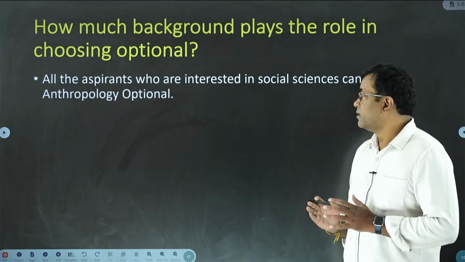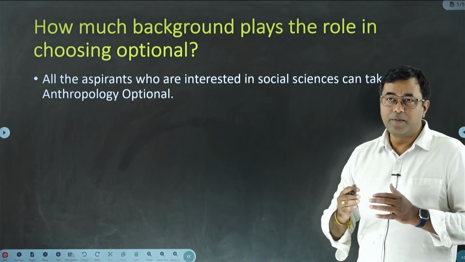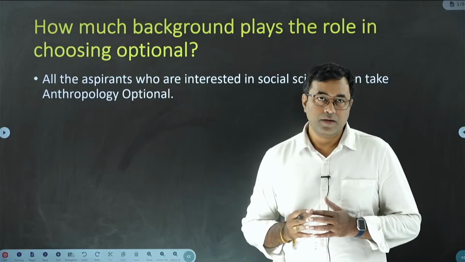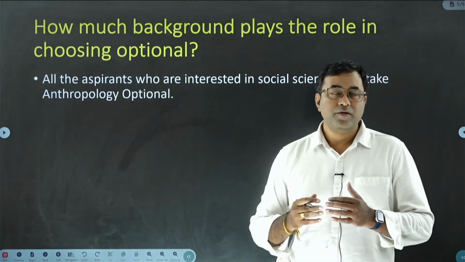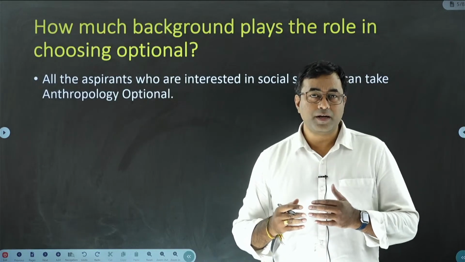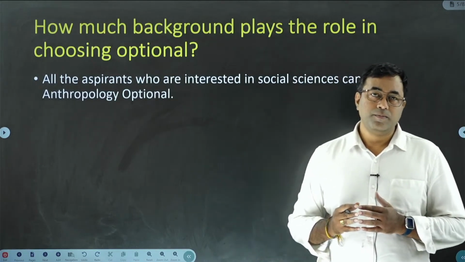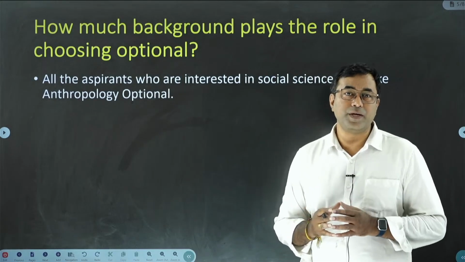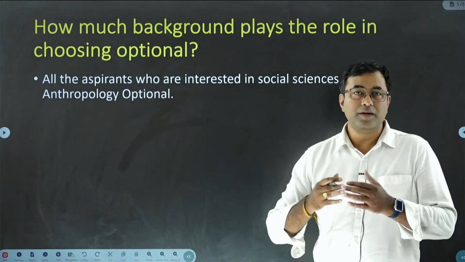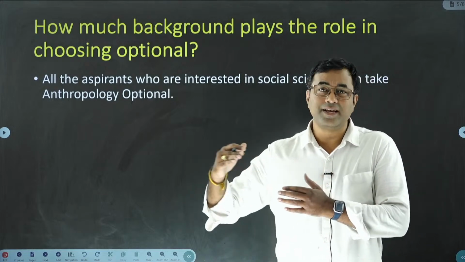Next, every aspirant has one doubt: whether we can perform in the social sciences or not, particularly engineering students and students from other backgrounds, whether they can opt for this anthropology optional. Because in the recent past, if you take the UPSC statistics, the percentage of engineering students is increasing.